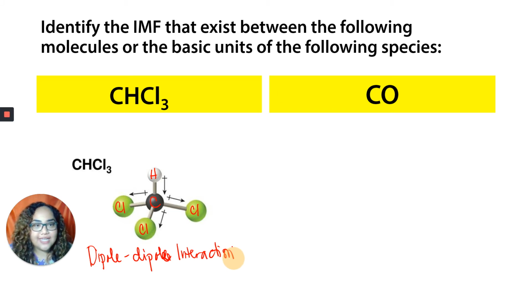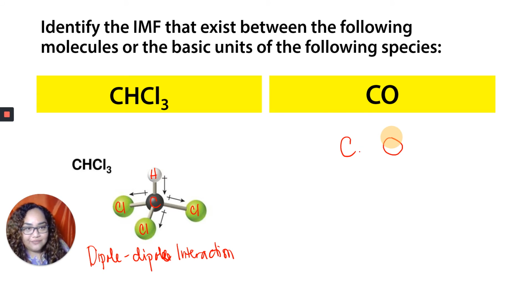How about carbon dioxide? Now, if you look at it, you would say, oh, I think it's London dispersion because it's just carbon and oxygen, right? Let's look at the geometry. Carbon and oxygen, when they bond, it would probably look like this. You have 6 valence electrons for oxygen and then 4 for carbon.